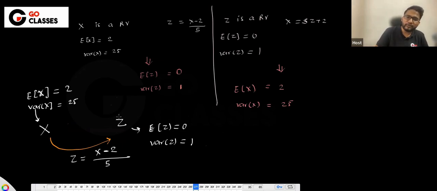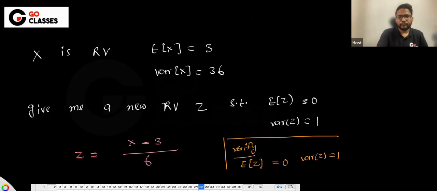You can also convert from Z to X, but we will not be using this direction. This Z has very special properties, so given any random variable X, we will convert it to a Z in the case of the normal distribution. We will come back to this later.